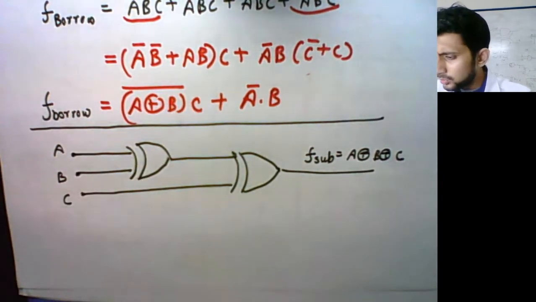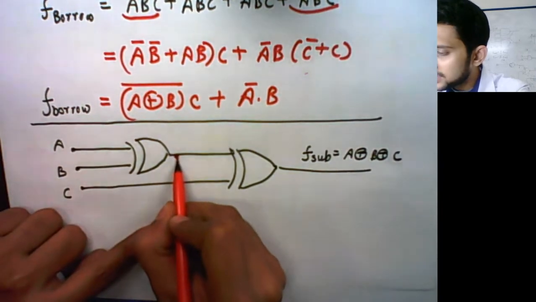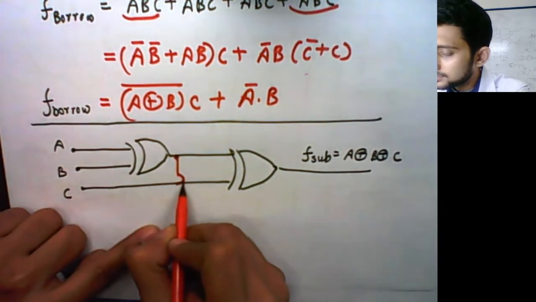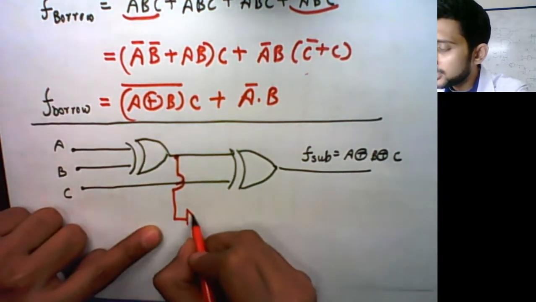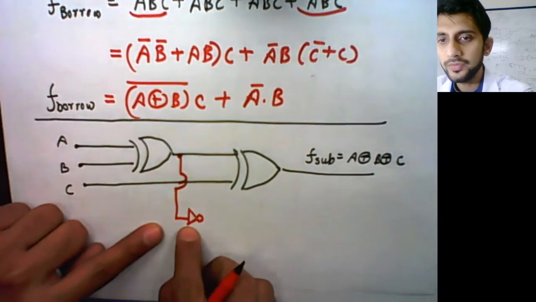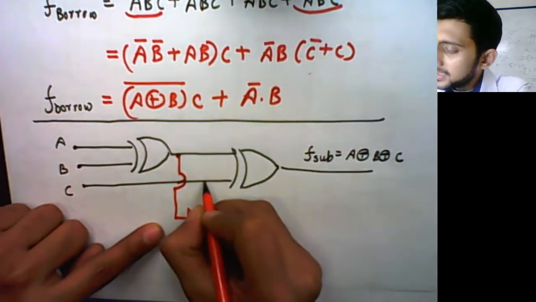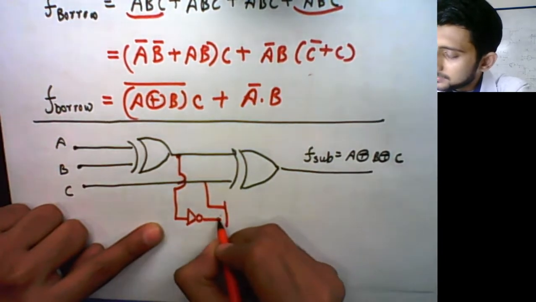For F borrow, I can first take A XOR B, take a NOT of it, and take AND of this thing with C.